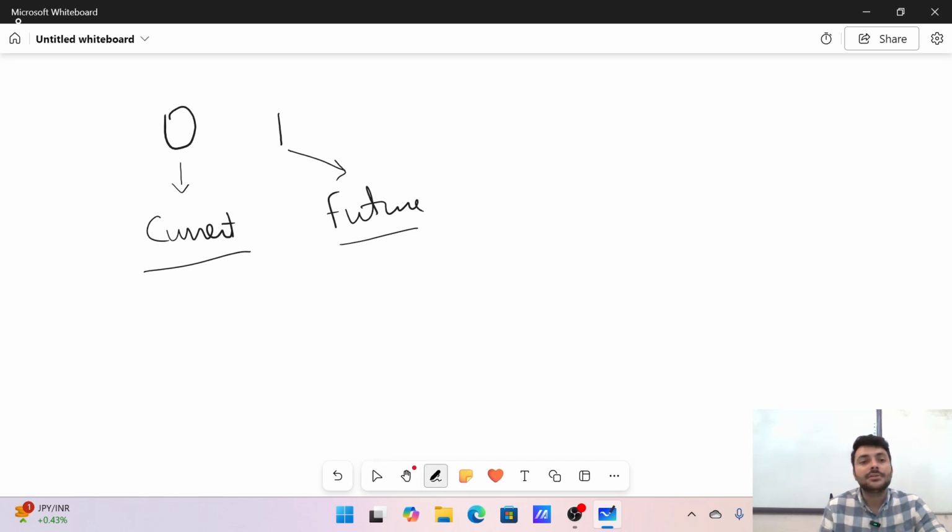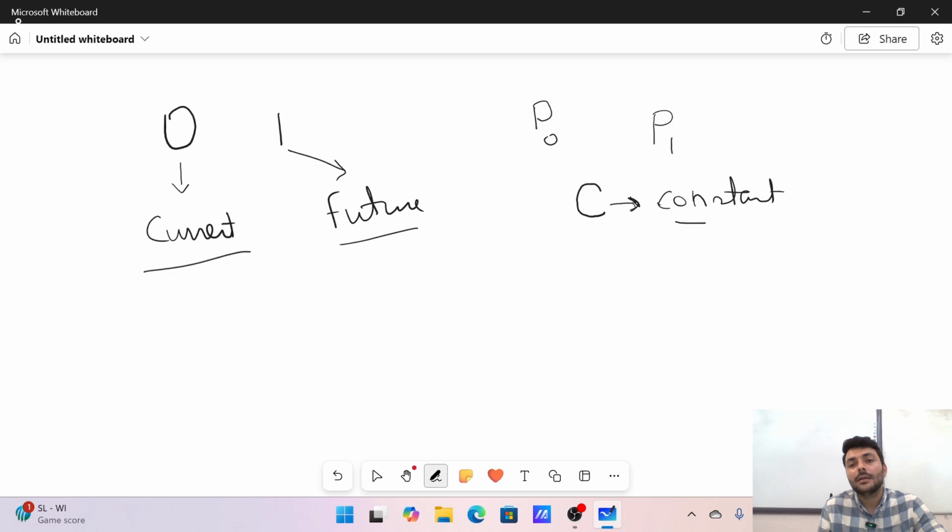The price in time period 0 is P0, the price in time period 1 is P1, and the marginal cost of extracting the resource is C. We are assuming that this cost is constant in both time periods.